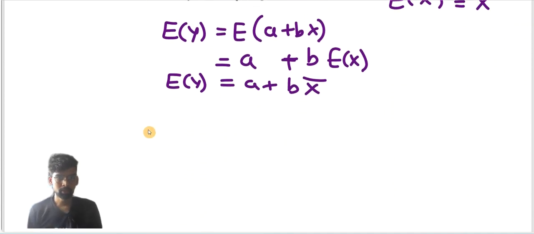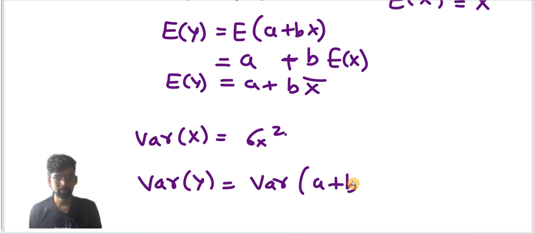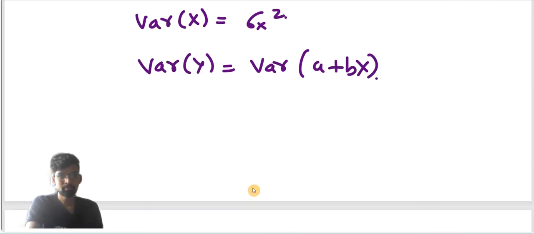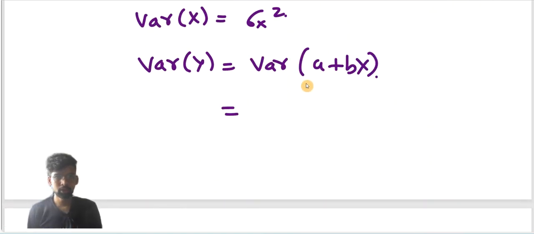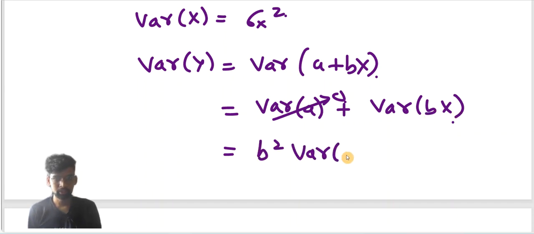Now a similar thing with the variance. Let us assume the variance of x is sigma x square. Now the variance of y can be written as the variance of a plus bx. From the property of variance, we know that the variance of any constant term is equal to 0. So the variance of a constant is 0, and the variance of a constant times a random variable is b square times the variance of x.